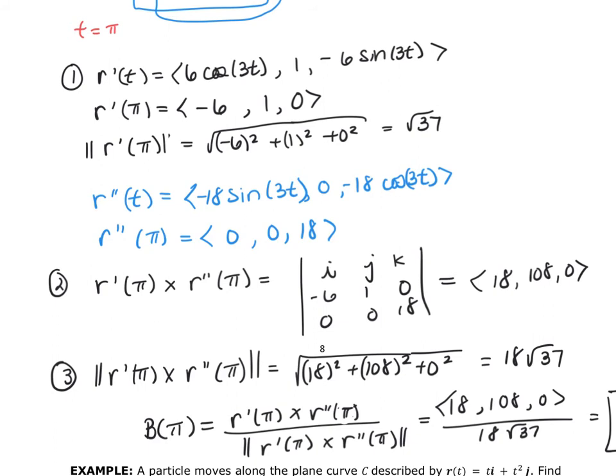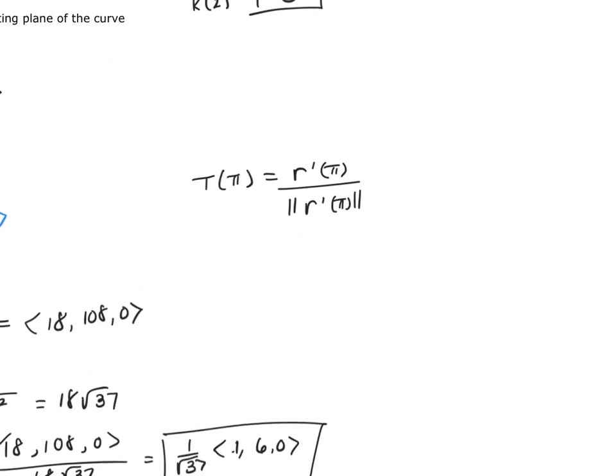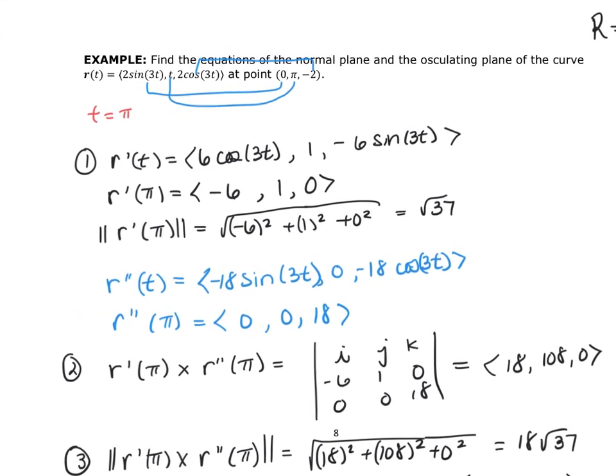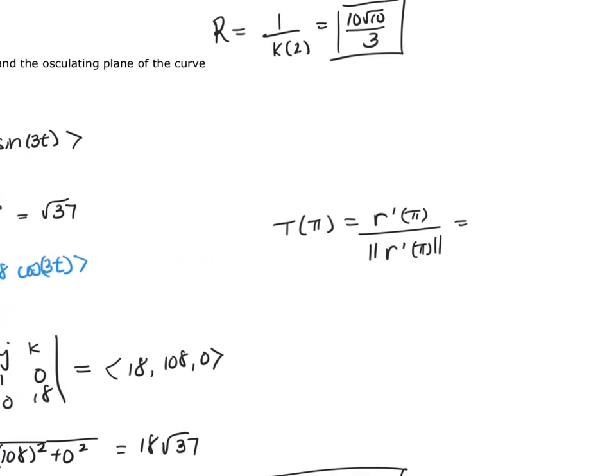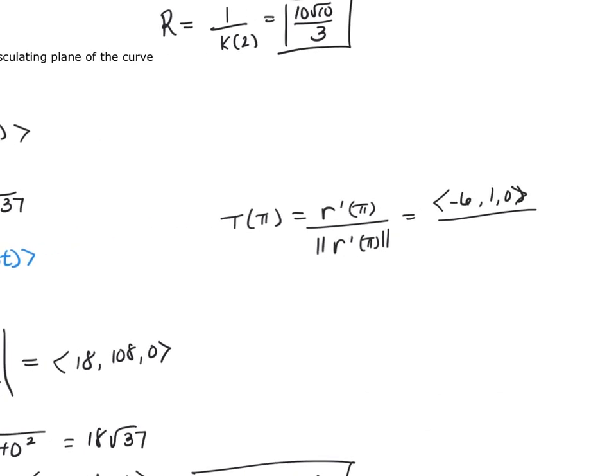It's not something I needed, so going back here, which is going to be equal to, we have the r prime, which was -6, 1, and 0, divided by its magnitude, which was the square root of 37, which gives me 1 over the square root of 37 multiplied by -6, 1, and 0.